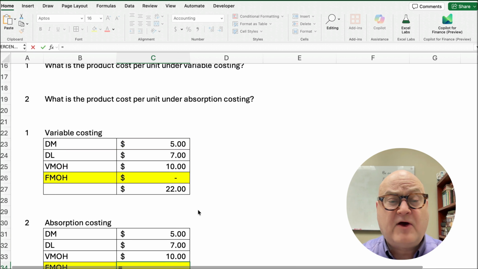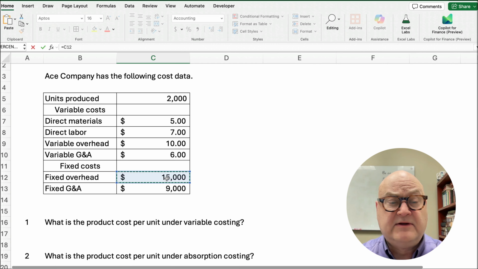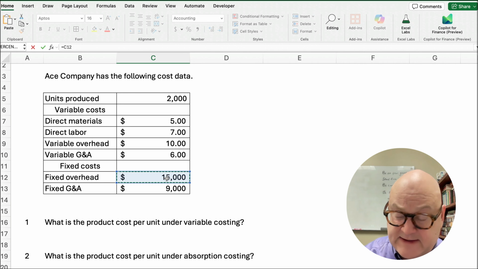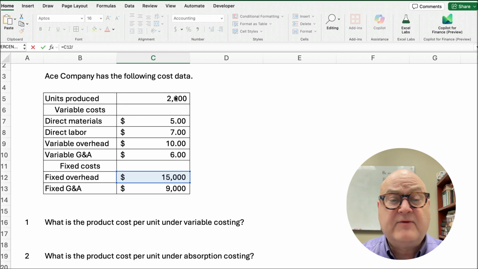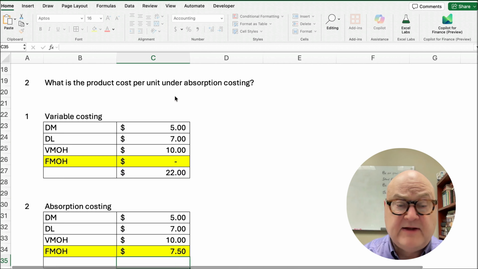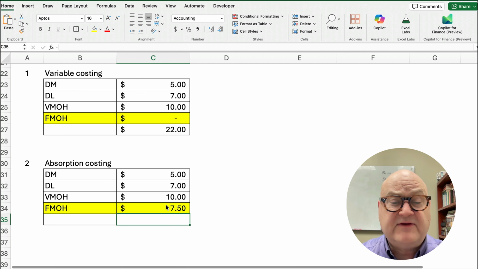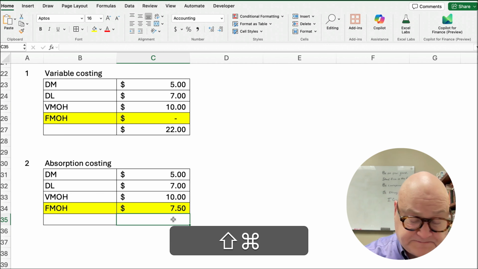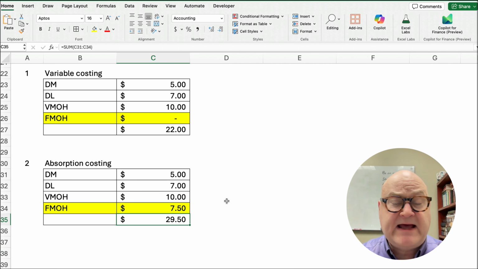We're going to take the total fixed manufacturing overhead divided by the units that we produced. So 15,000 divided by 2,000, that's going to be $7.50. So here in this case, our absorption costing is going to be $29.50 for our product cost.